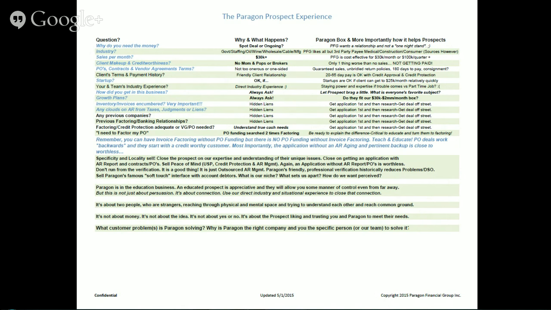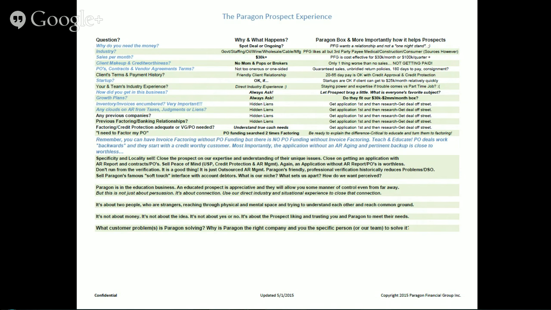If we look back to the sheet, be it on your screen or where you downloaded it, one of the problems we run into, about 10 lines down, you'll see in the middle column, hidden liens. Well, the reason is many times people say, oh, no, I have a line, but my invoices, my accounts receivable is not encumbered.